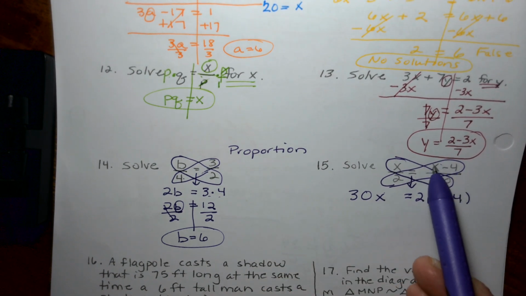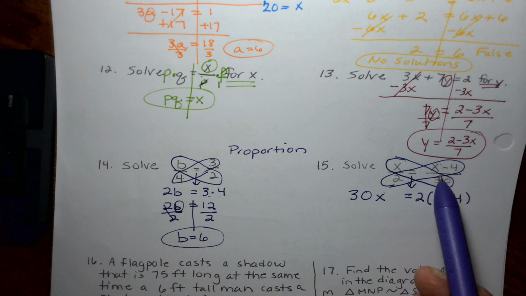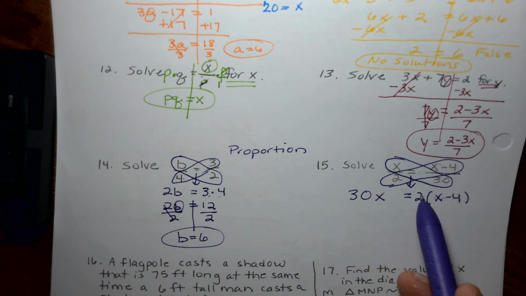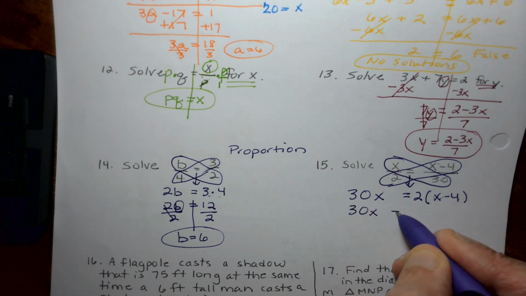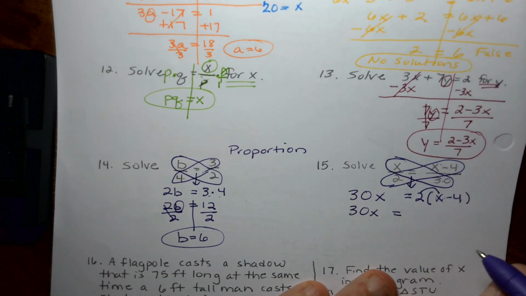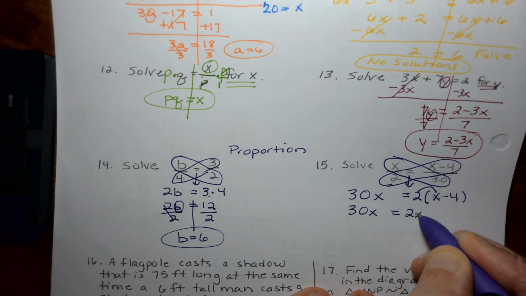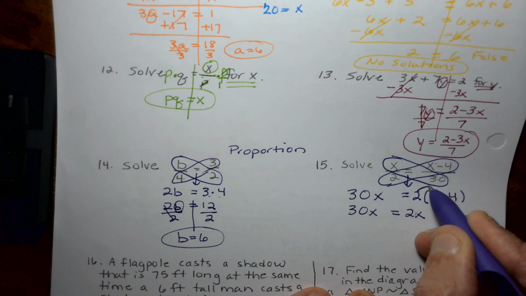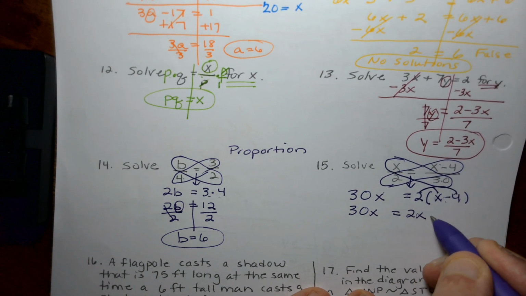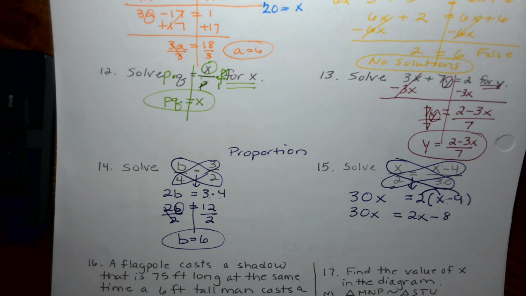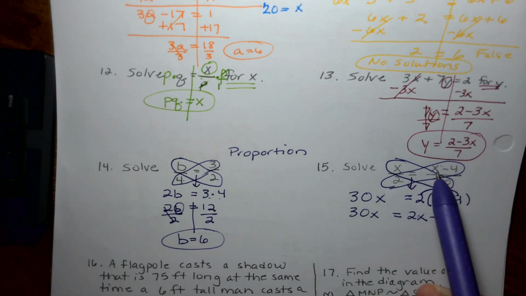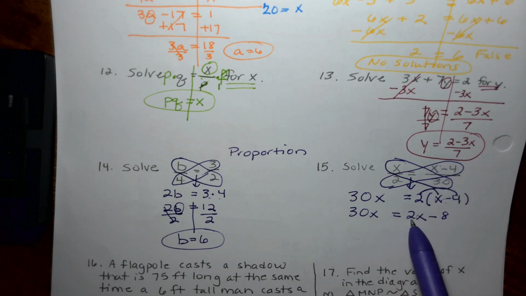Remember, I put this in parentheses. They're stuck together until I unstick them, which is by distributing through. So I have 30x equals 2x, and then minus 2 times 4 is 8. So I did multiply that 2 by both things up there and got the 2x minus 8.